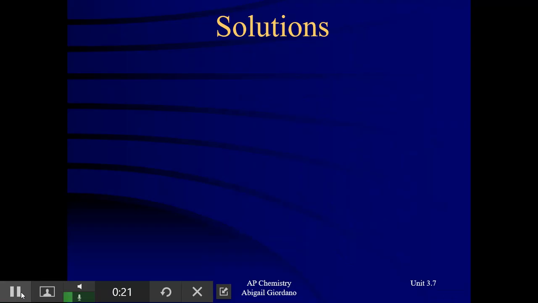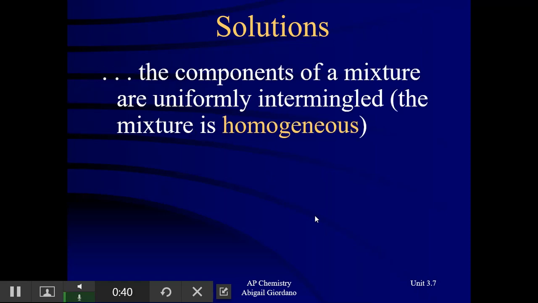So let's first talk a little bit of vocabulary here, okay? When we talk about the word mixture, we're talking about something physically combined with something else. It's not a chemical combination. And when we use the term solution, we're talking about a very specific type of mixture, a homogeneous mixture.